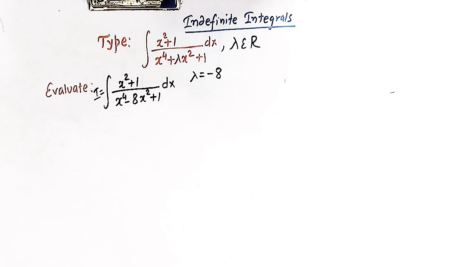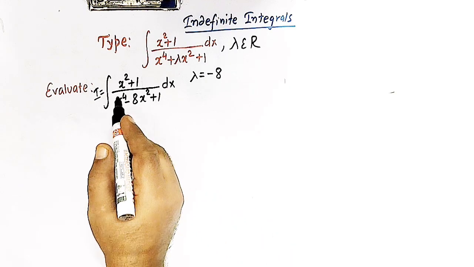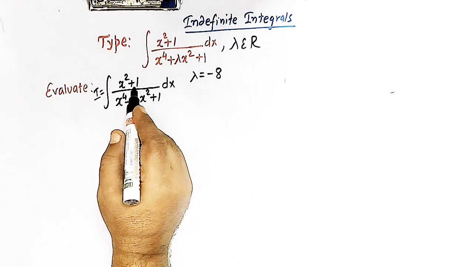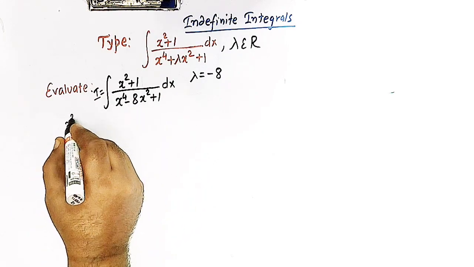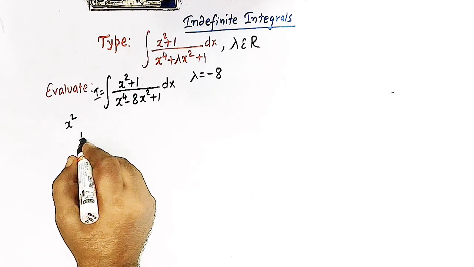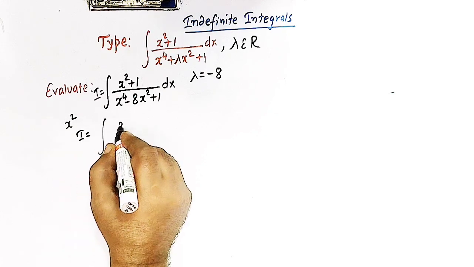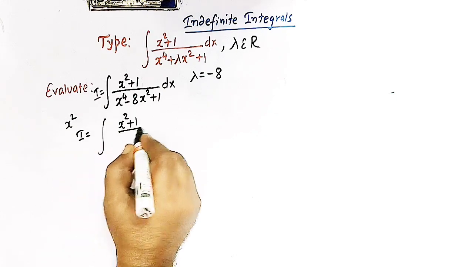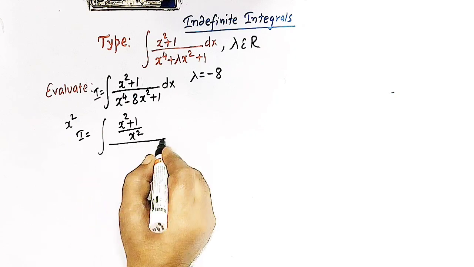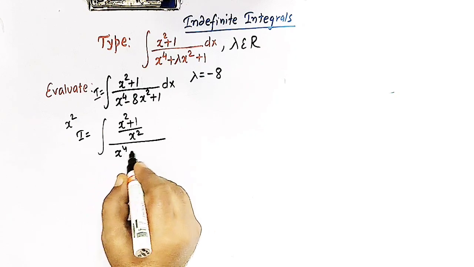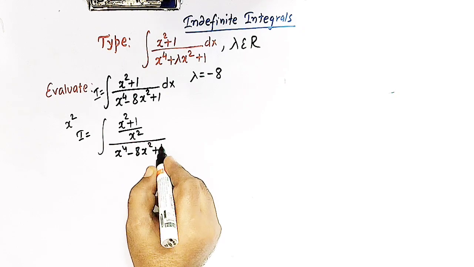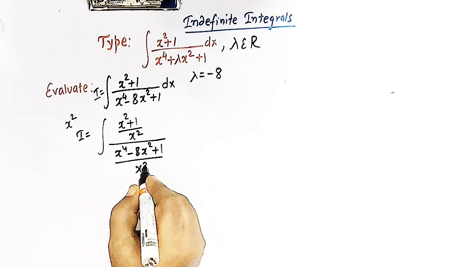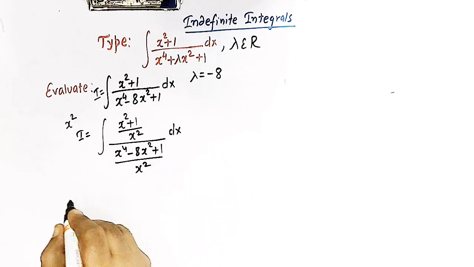Now the first step to solve these kinds of indefinite integrals is to divide the numerator and denominator by x square, right? So we have I is equal to x square plus 1 divided by x square, and here we have x raised to 4 minus 8x square plus 1 divided by x square, and here we have dx.